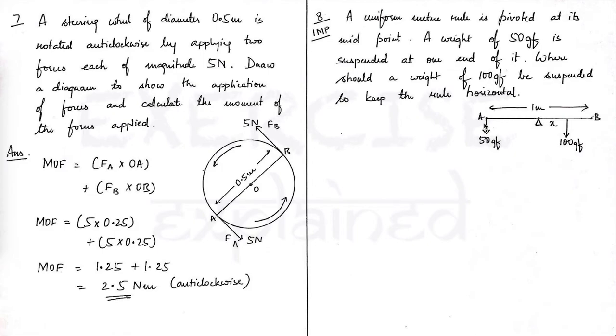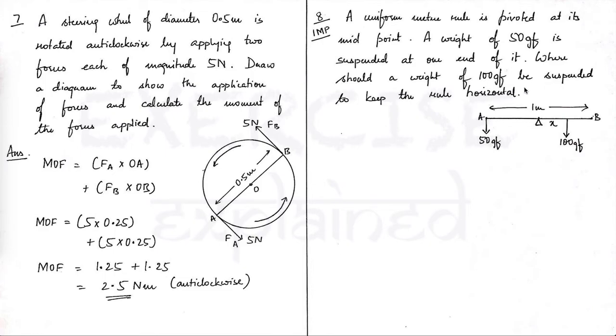I have considered A. So we assume there is a 50 gram force which is acting at the point A. Now the question has asked, where should a weight of 100 gram force be suspended to keep the rule horizontal? Now we need to suspend a force of 100 gram force, such that the meter rule is horizontal.